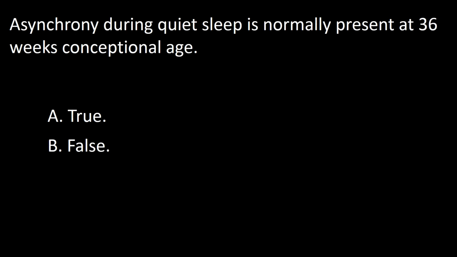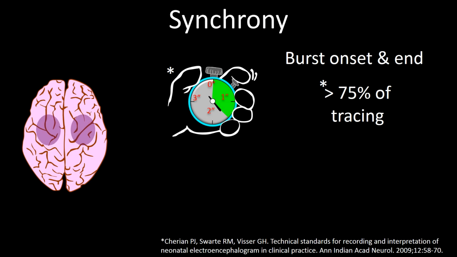Next question. Asynchrony during quiet sleep is normally present at 36 weeks conceptual age. A, true; B, false. One way to go about determining synchrony or the lack of it is to see if during more than 75% of the tracing, the bursts in both hemispheres start and end within 1.5 seconds of each other.